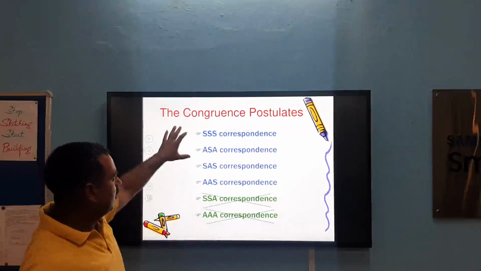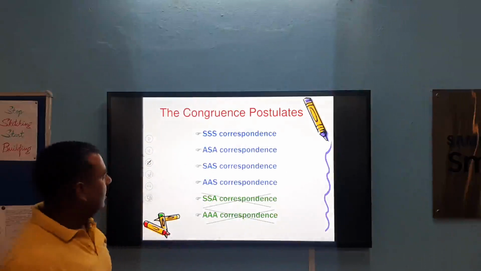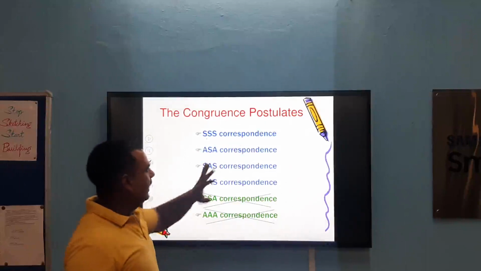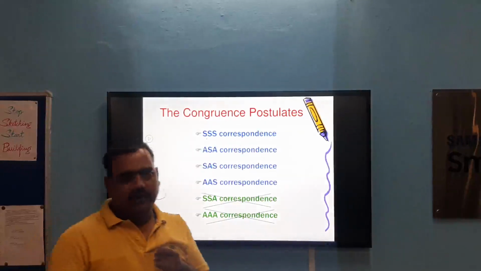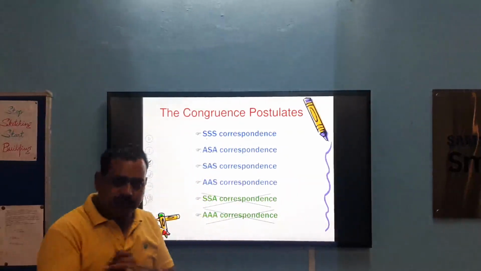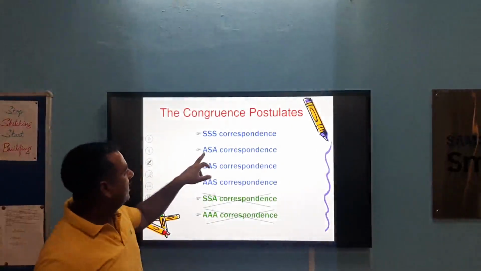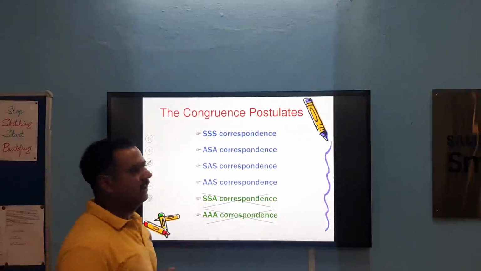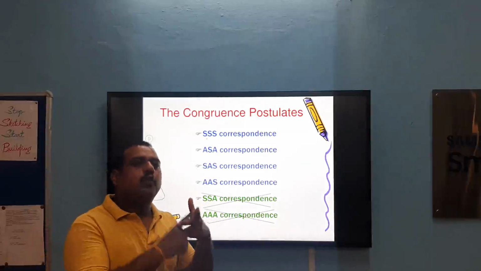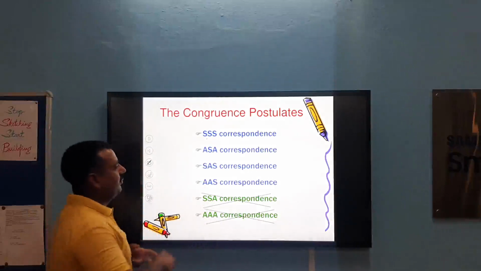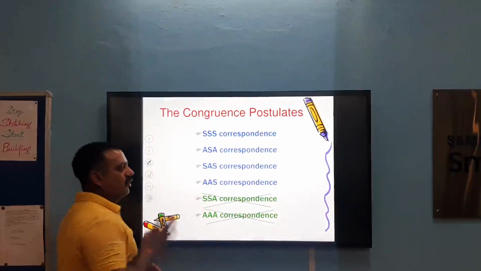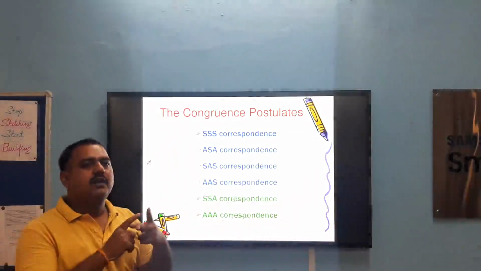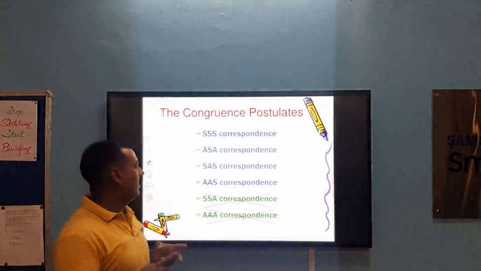Now let us summarize the congruency postulates which we learned again. We learned the SSS congruency criterion, in which all three sides of the triangles are equal. The ASA congruency criterion, in which two angles are equal and the included side must be equal. The SAS correspondence, in which two sides are equal and the included angle must be equal.